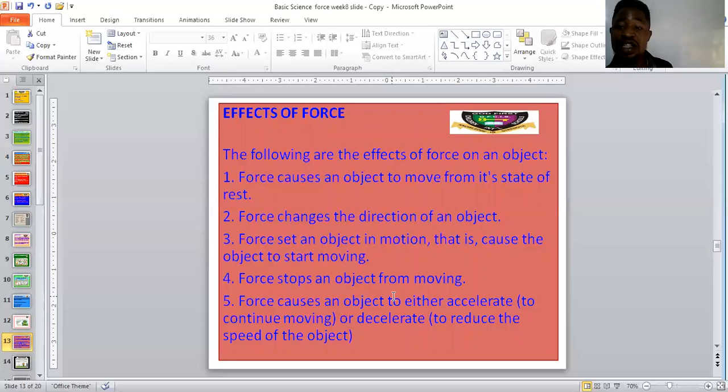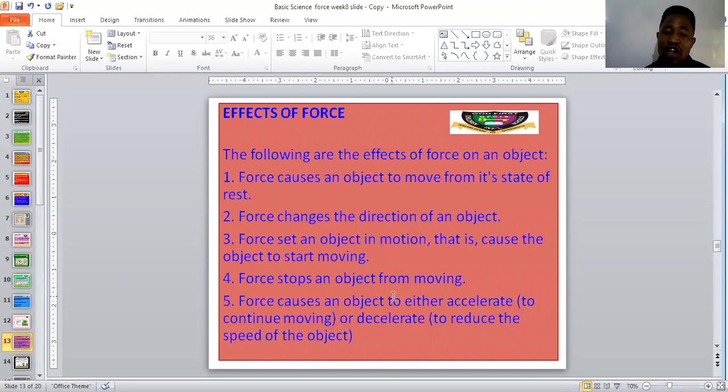Once the person kicks the ball, the person has applied the force, therefore the ball moves. It might not even be a human being. It might be wind. The ball will continue to remain there until maybe there is wind that blows the ball from where it was to a new place. That is the effect of force. So force causes an object to move from its state of rest to another place.